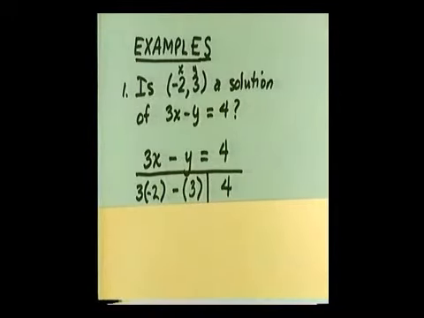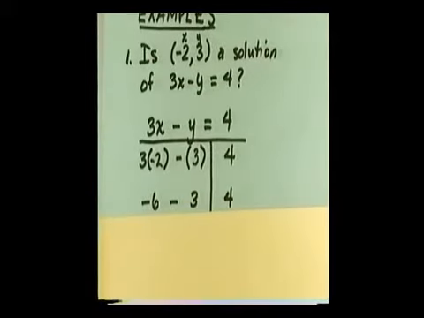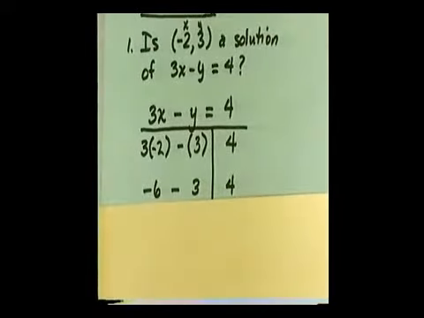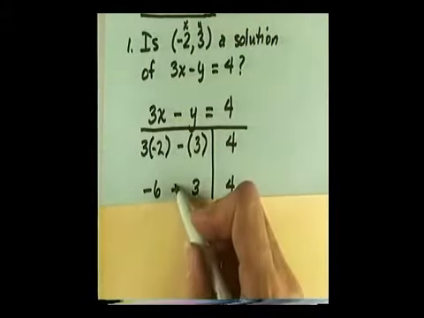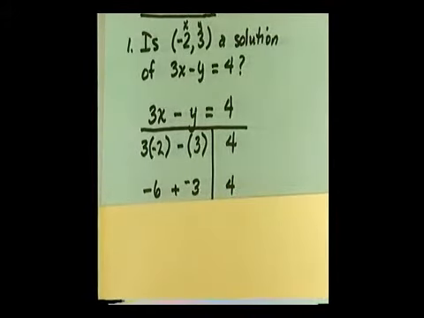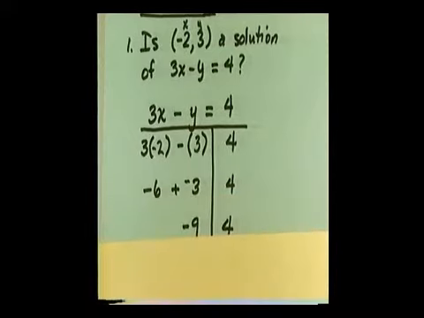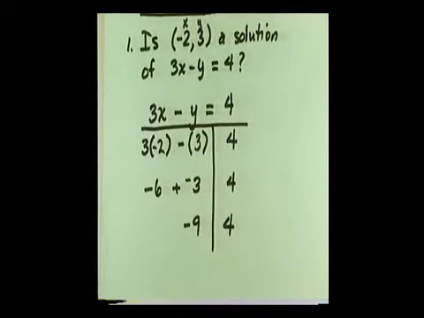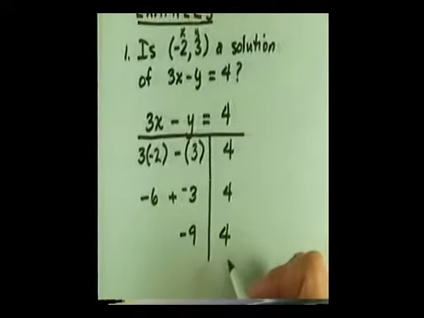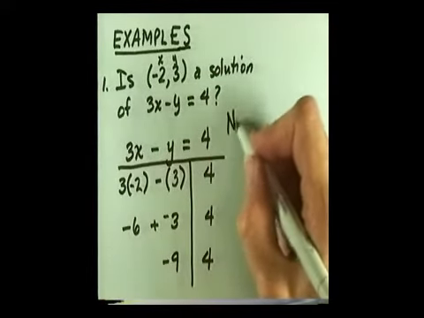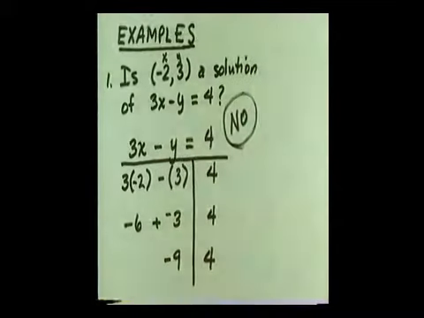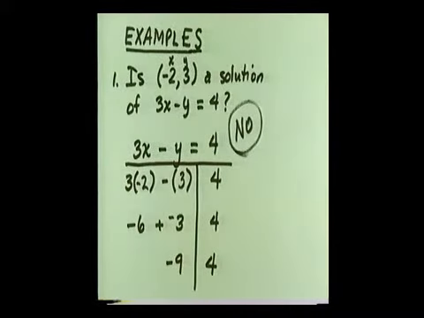Then we work out the algebra. 3 times negative 2 is negative 6. Subtract 3 is negative 6 subtract 3, or negative 6 add negative 3. And that gives us negative 9 on the left, 4 on the right. These are not the same, and so the answer is no. No, this ordered pair is not a solution of the equation.